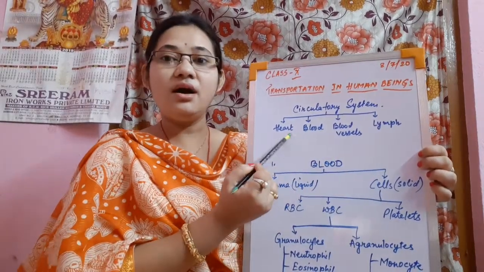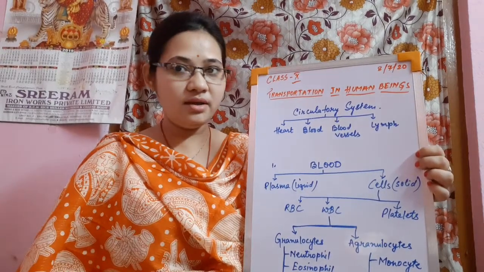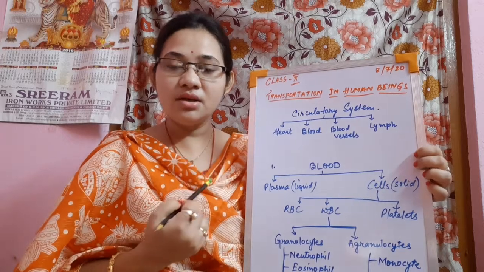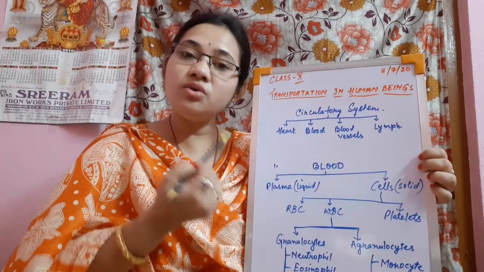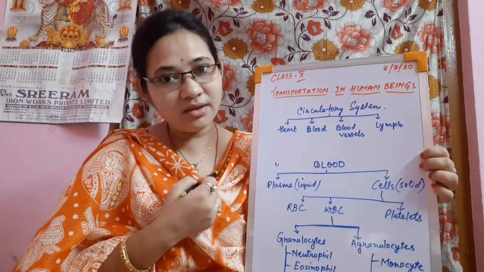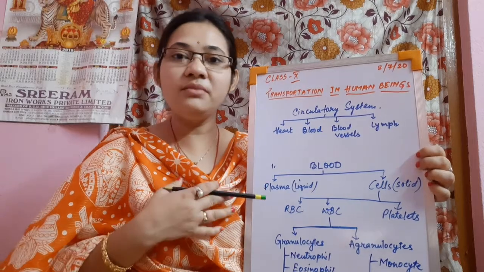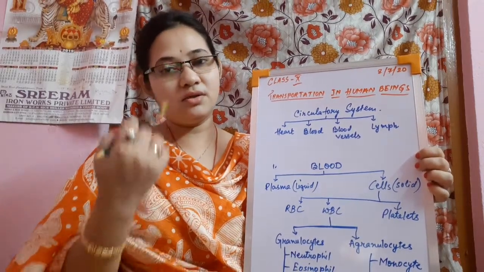Okay, and the heart is the pumping organ that pumps blood to different parts of our body. The heart pumps deoxygenated blood to the lungs for purification, and after purification in the lungs, oxygenated blood enters into our heart, and from there it is pumped to different parts of our body.